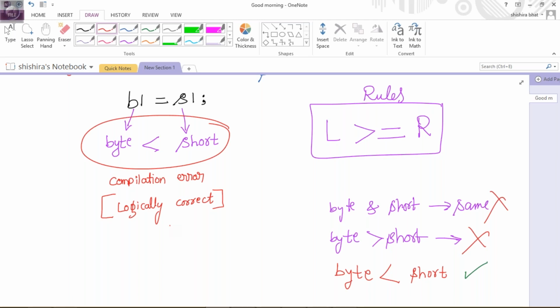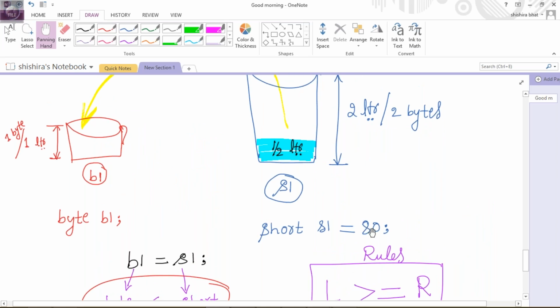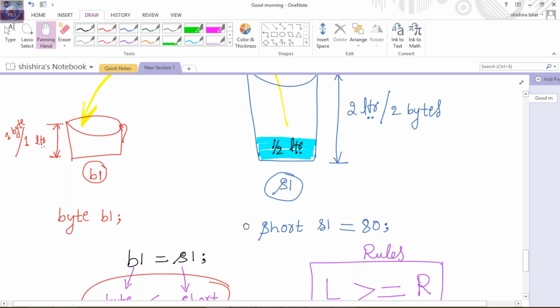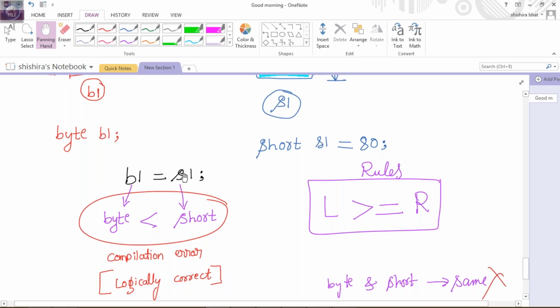Now observe this program. Short is storing 80. Can't I store 80? You're assigning 80 to B1, that is nothing but S1 is storing 80. You're assigning that into B1.